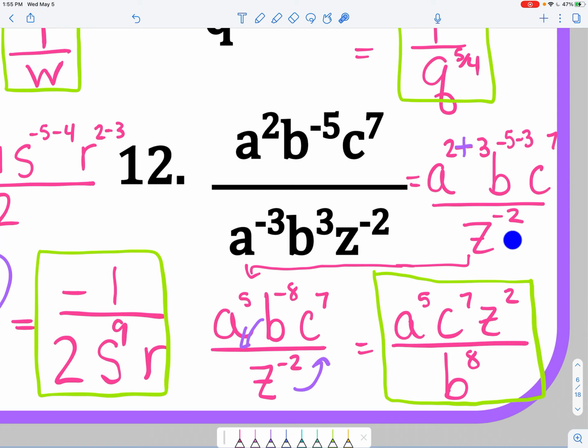The c just stays up top, and for now I put the z where it was. I simplified my exponents and got positive 5 and negative 8. The negative exponent on this b tells me to move that power to the bottom. The z has to move to the top. So this ends up being my final answer.